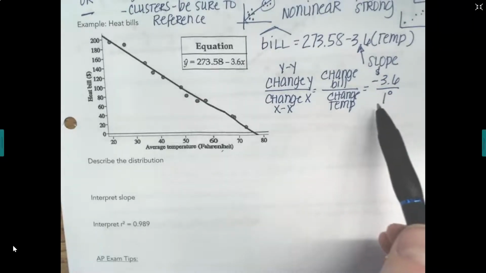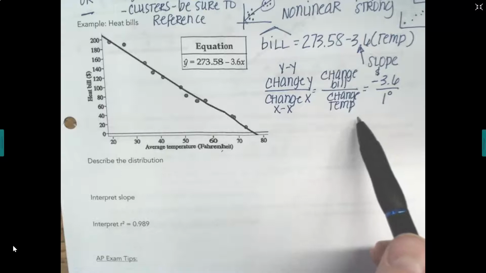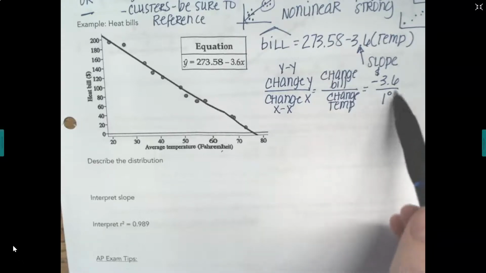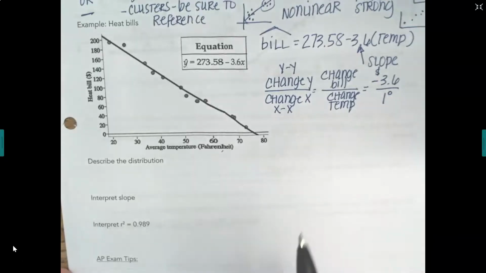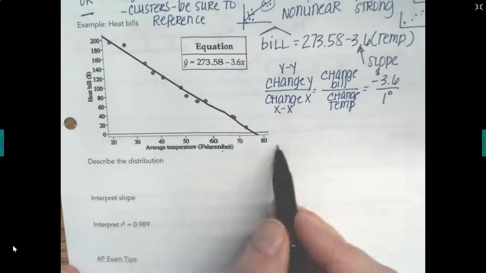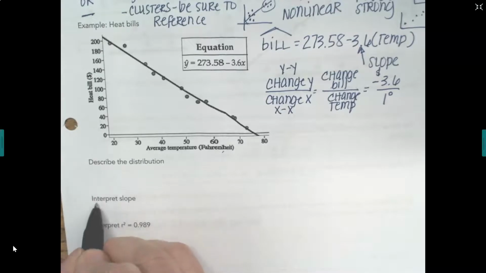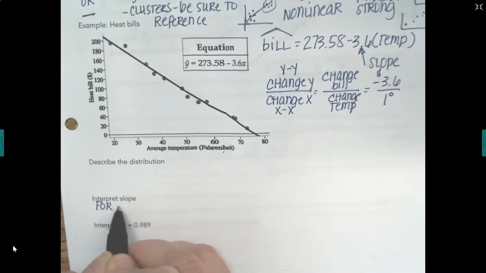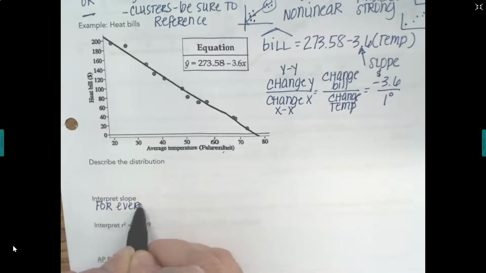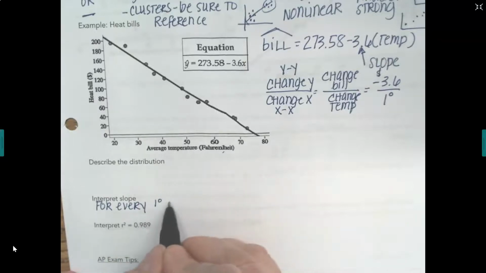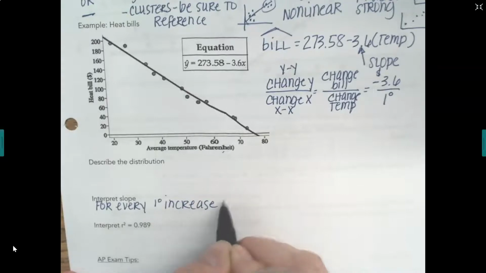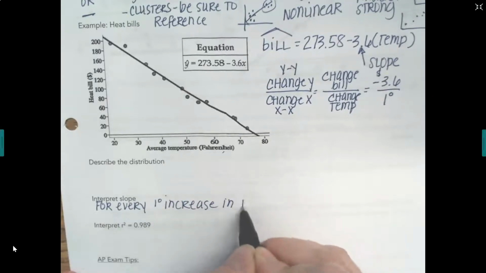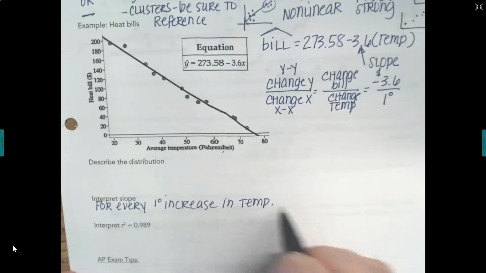So when we interpret the slope, slope is as x changes by 1, what happens to y? So for every 1 degree increase in temperature, what is going to happen?